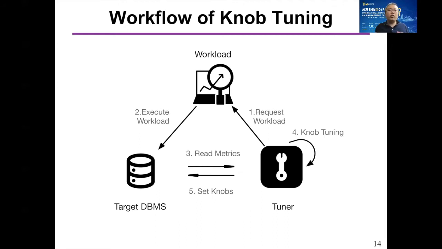After running the workloads, we can get some metrics from the database. Based on the metrics, we can find how to tune the knobs. We can learn the correlation between metrics and knobs, and based on the correlation, we can recommend how to tune the knobs. We set the knobs, rerun some workload, recheck the metrics, and then tune the knobs further. In this way, we can make the database run faster.